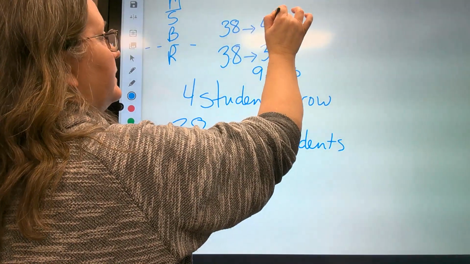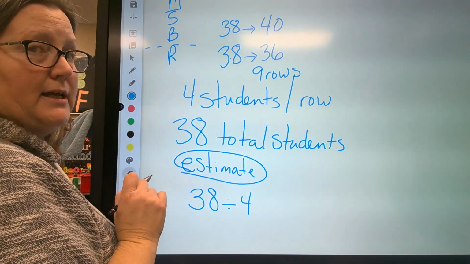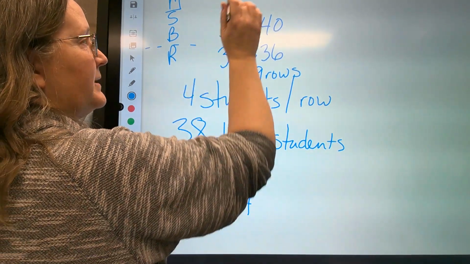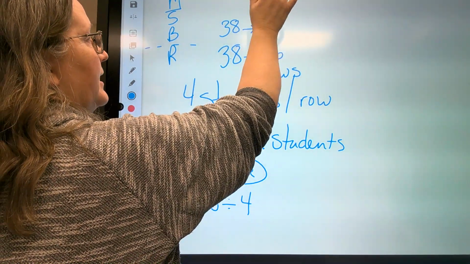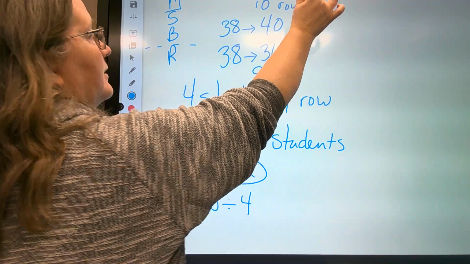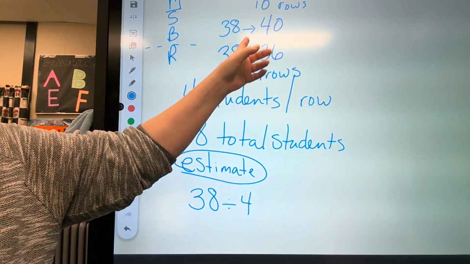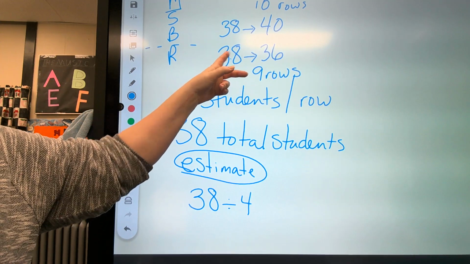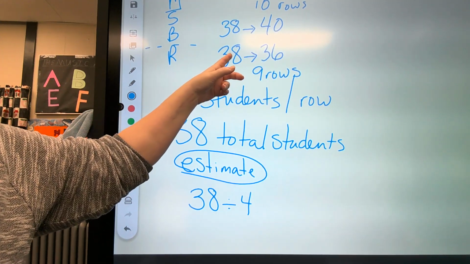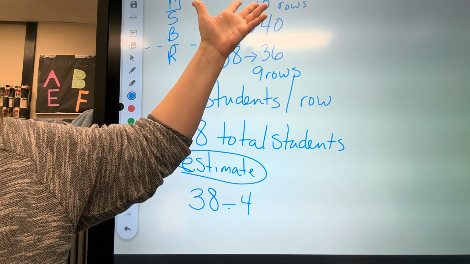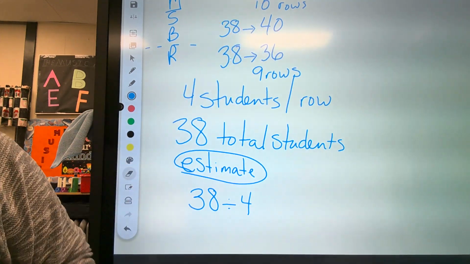If we had chosen to round to 40, 4 goes into 40 how many times? 10. Either answer would be acceptable, either 9 rows or 10 rows, because 36 is 2 less than 38, and 40 is 2 more than 38. So we could round to either one of them.